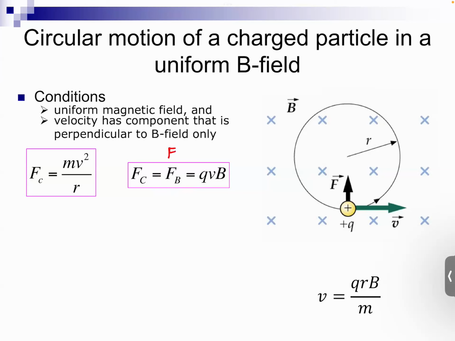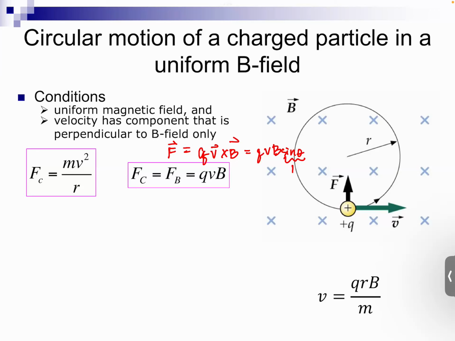So the magnetic force, of course, we saw mathematically as a vector, qv cross B, but we expanded that. We said we can use the sine theta function to remove the cross product. Sine theta will be equal to 1 because the velocity is perpendicular to the magnetic field: i hat is perpendicular to negative k hat.